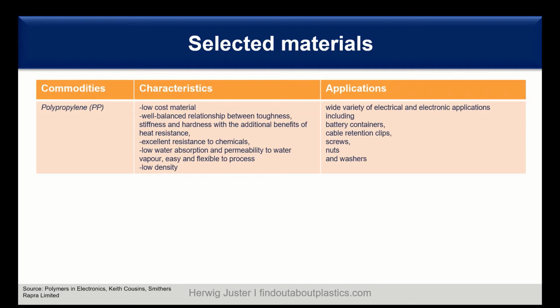It's easy and flexible in processing, so doesn't matter if you want to mold or extrude, and also we have a low density. And this results in the applications so that we have a variety of electrical and electronic applications. So here I named, for example, the battery containers, cable retention clips, screws, nuts and washers, for example.